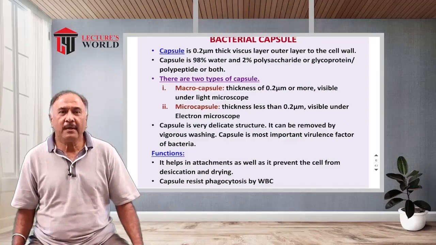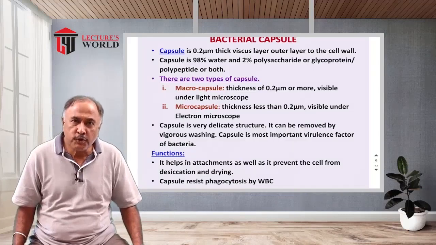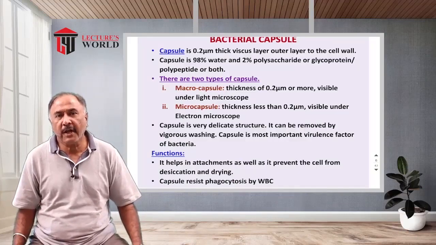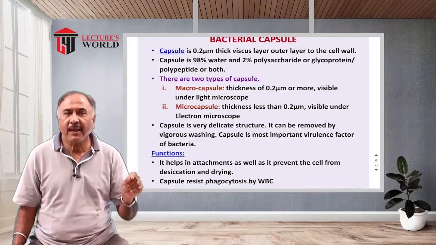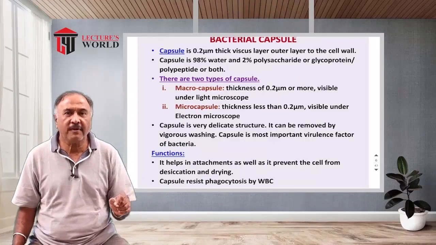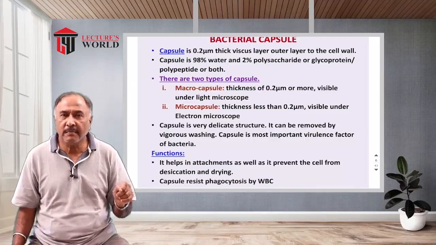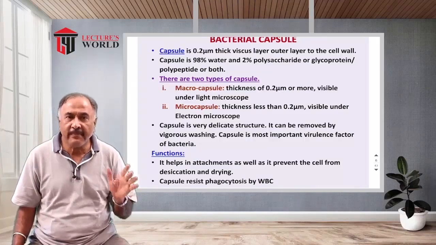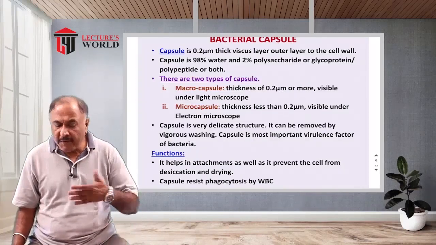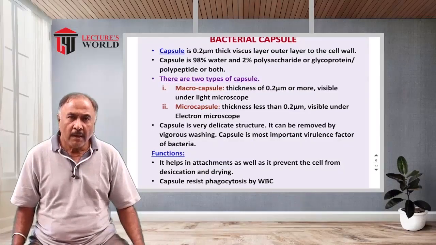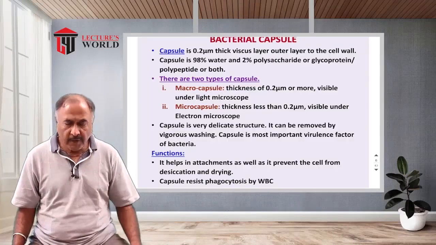Now, these capsules, which are found on bacteria, not all, only in a few species, can be categorized into two different types. The first one is the capsule itself, and the second term, commonly used in many cases, is the slime layer. What is the difference between the two?